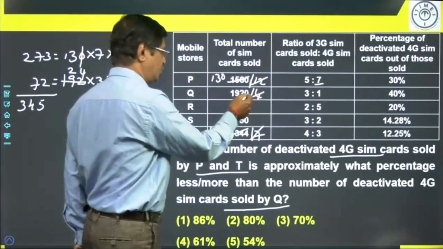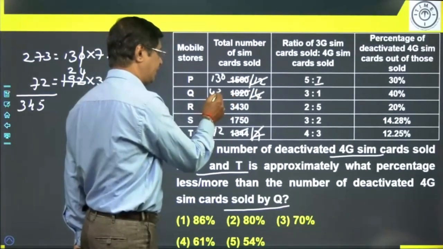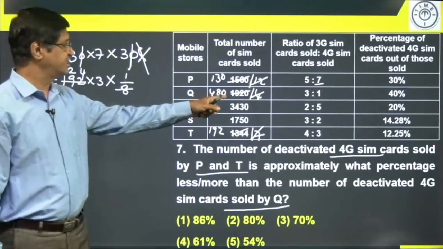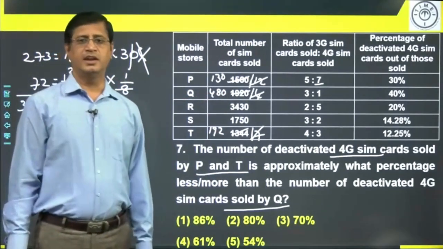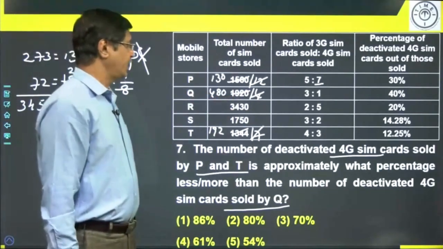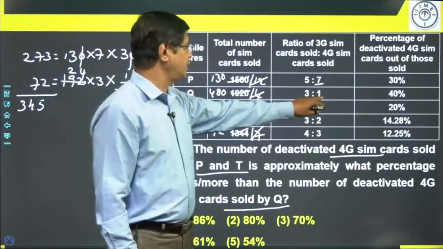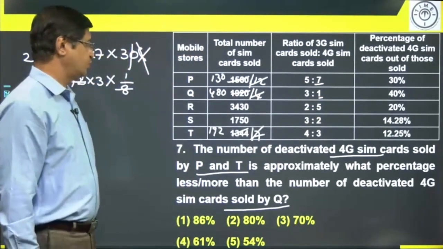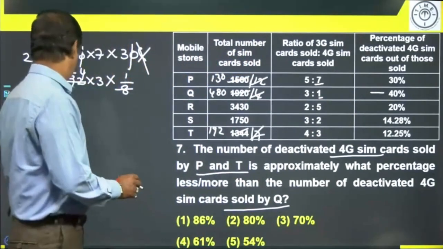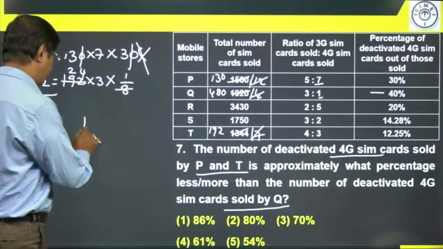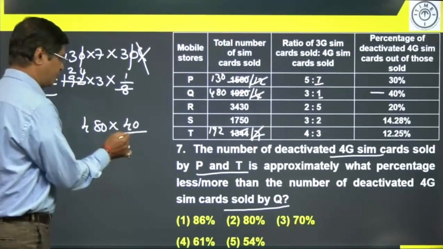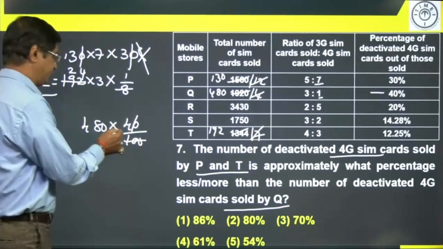So what is the cancellation? 4 goes 4 times, 8 times and 0. 4 times 400 is 1600, plus 80 into 4, which is 320. So 1920, and one part is equal to 480. So deactivated 4G is equal to 40% of 480. 40% means the percentage and 0 get cancelled.